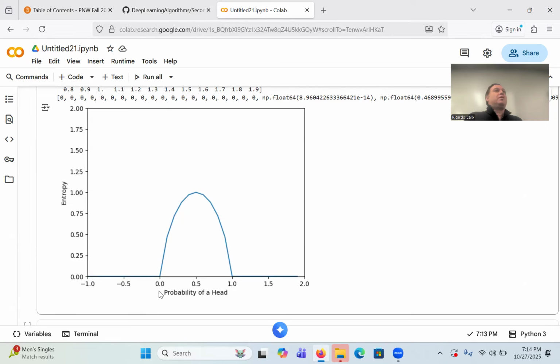I have 0 uncertainty, because it's a 0 probability of heads. So guess what? It's tails. Guaranteed. 0 uncertainty. Do you guys see that? And the same scenario happens over here. If the probability of heads is 1, then I have 0 uncertainty.